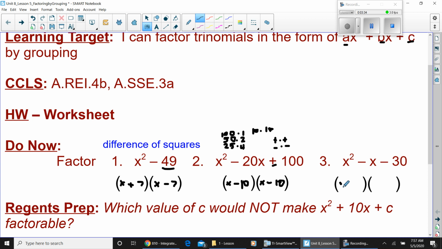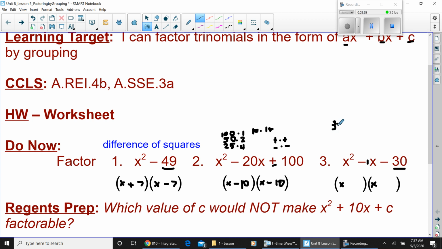So for number 3, hopefully you took a look at this. Every time that I see a negative 1, I might have numbers that are consecutive. It doesn't mean that it has to be that way, but let's go and see.